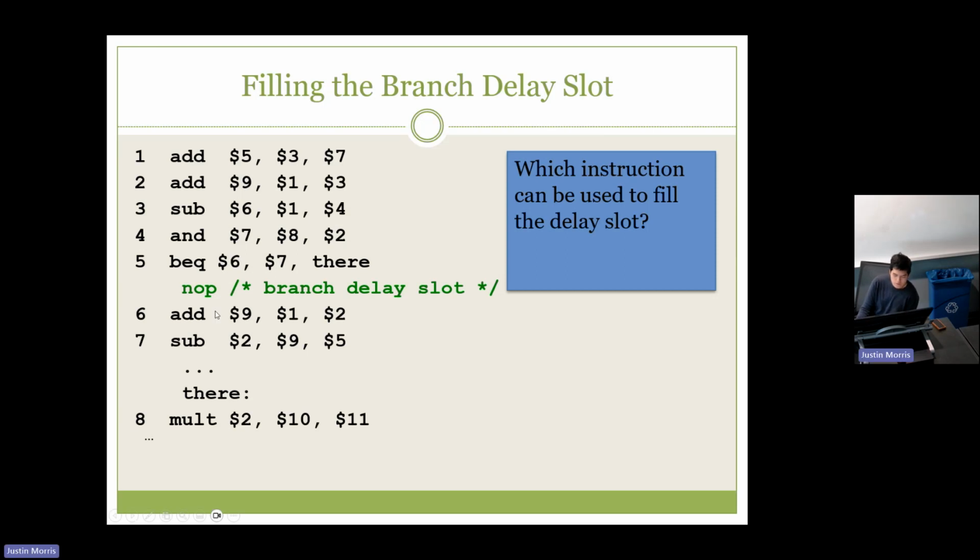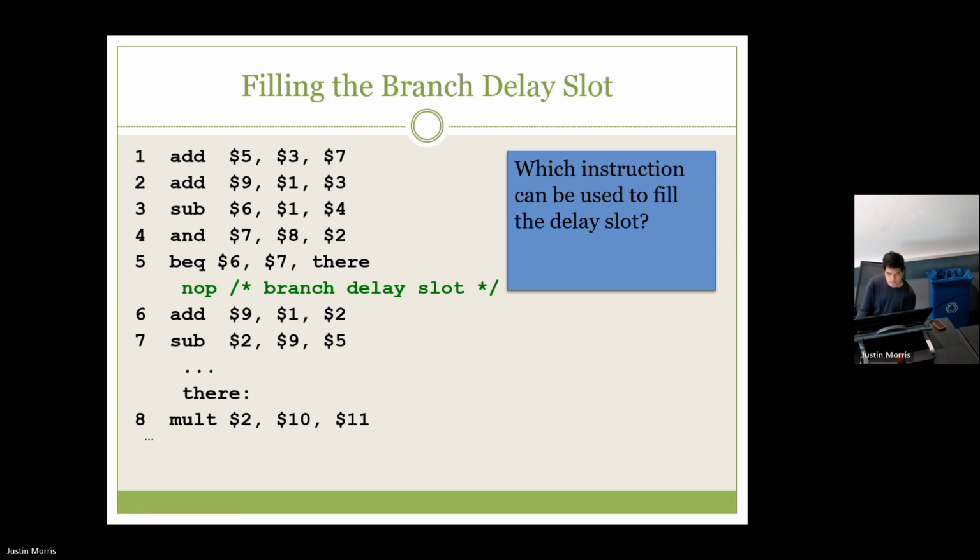So it's not important that this instruction be independent? Because this add, if you chose it, would be executed before this instruction. Right?